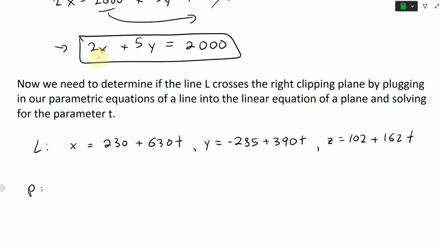I'll write P for plane, and then we have 2x plus 5y, and we're going to plug those inside.